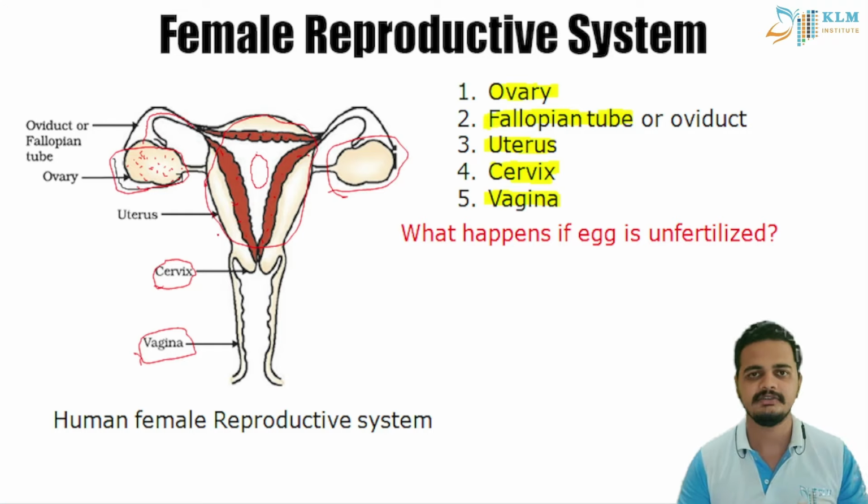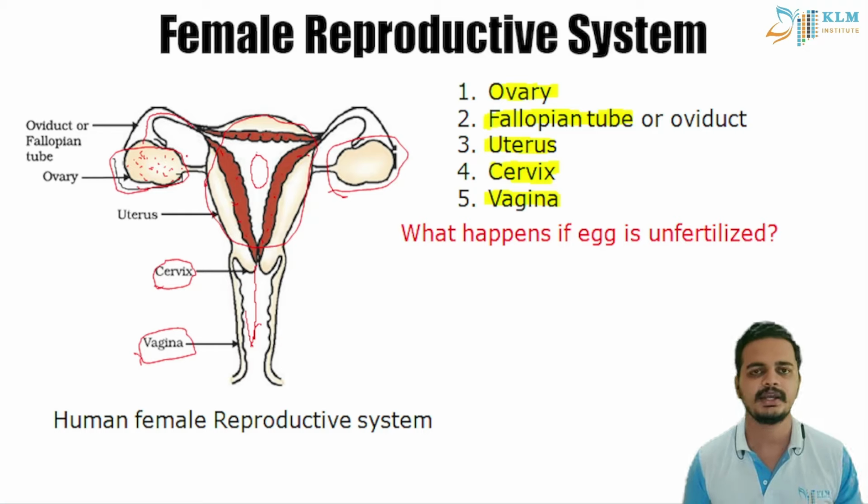What happens if the egg goes unfertilized? That is, the female does not get fertilized. All the secretions or changes that happen in the uterus will shed down, and it is excreted through the vagina. So this cycle happens every month in females.